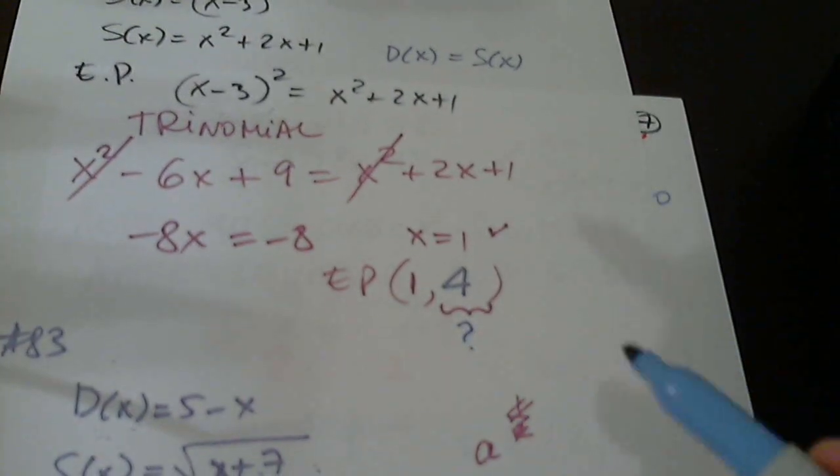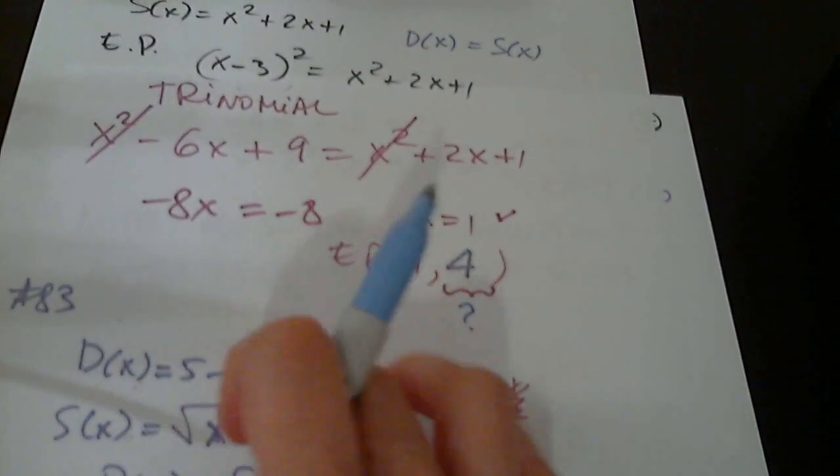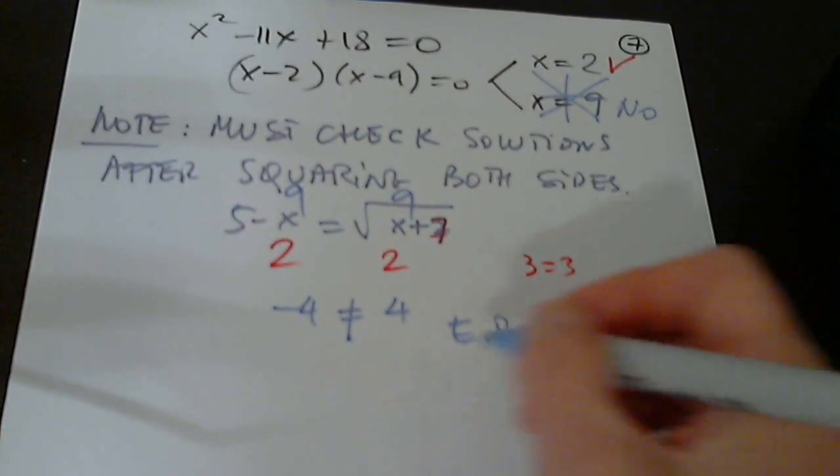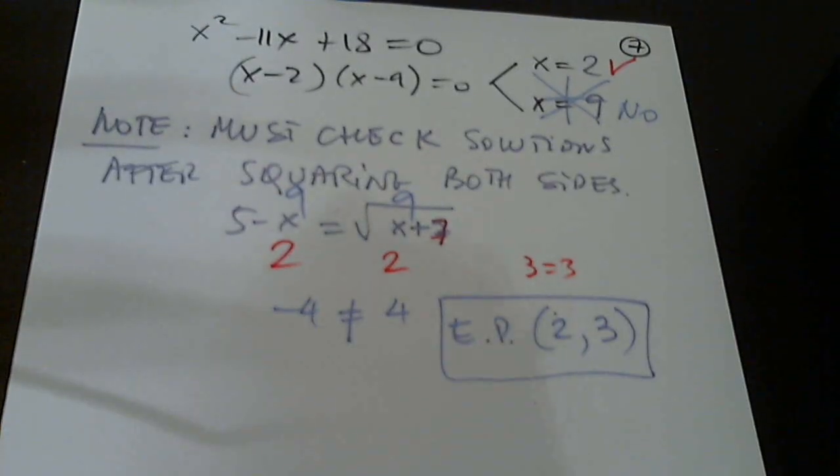Exactly. 5 minus 2 is 3, or 2 plus 7 is 9. The square root is 3, correct. So therefore, we're looking at this: 2 comma 3.